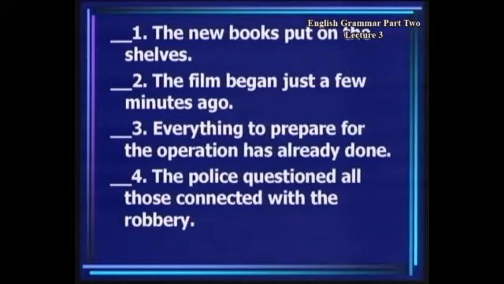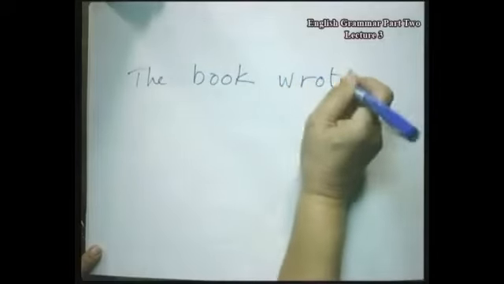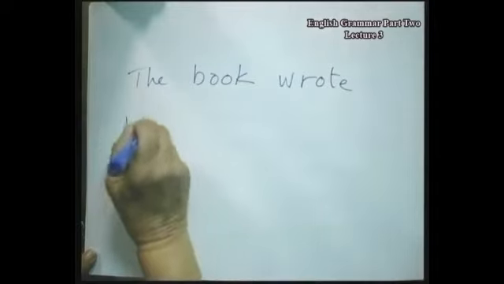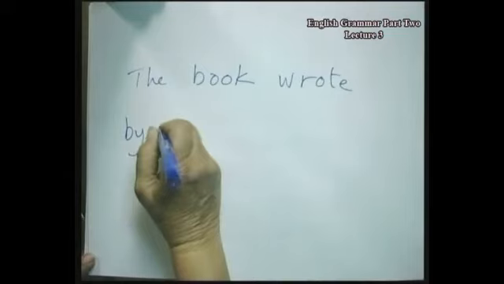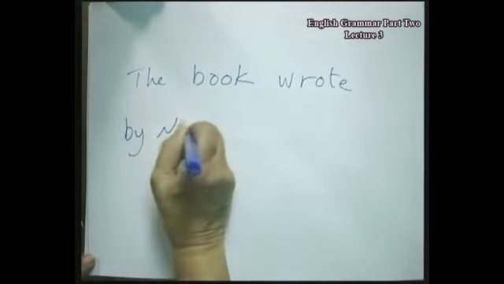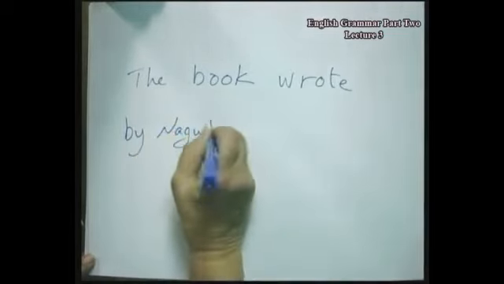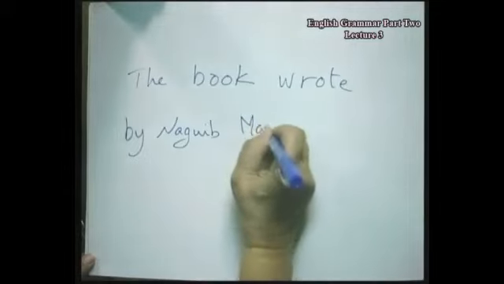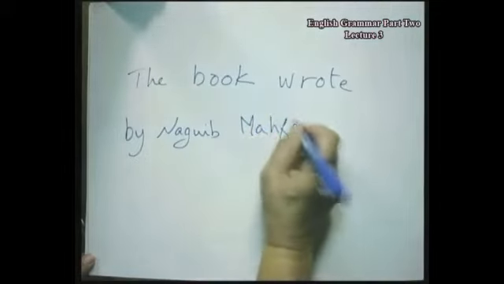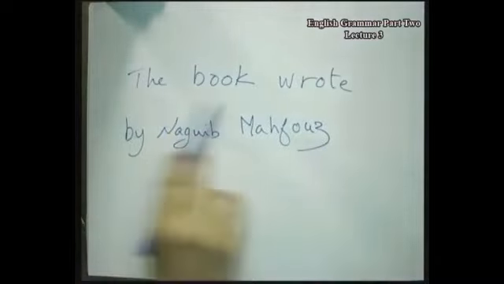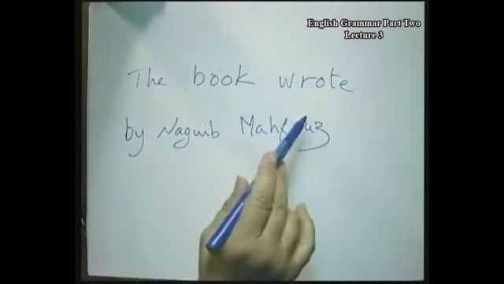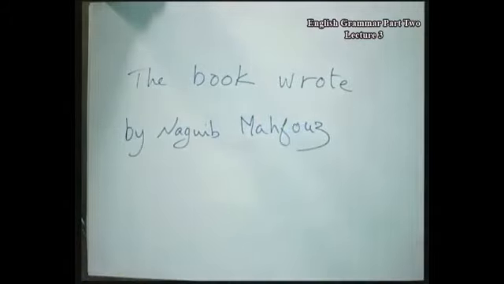But if I make another sentence with the same structure, say the book wrote, by, let us say, Naguib Mahfouz. The book wrote, like the film began, but here the book cannot write. The film can begin, but the book cannot write.